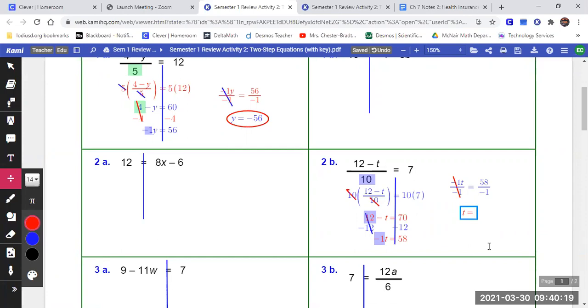What is our t going to be equal to? Okay.